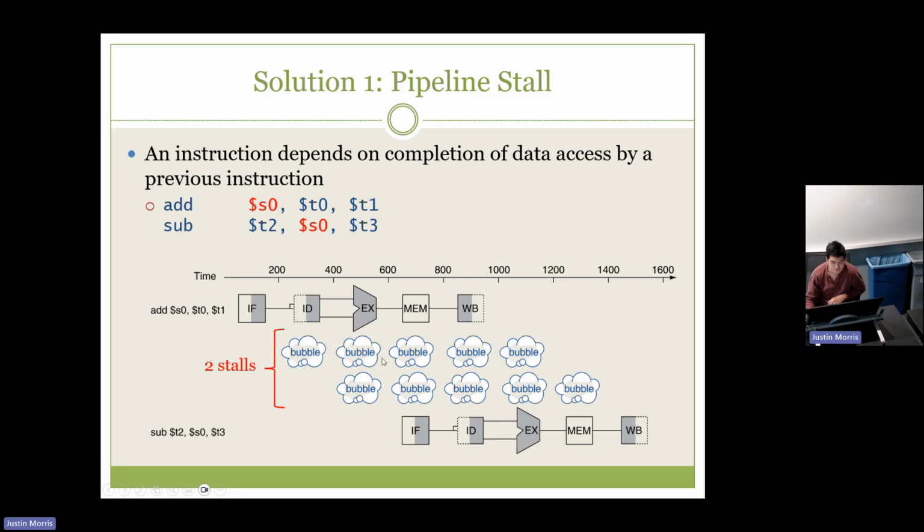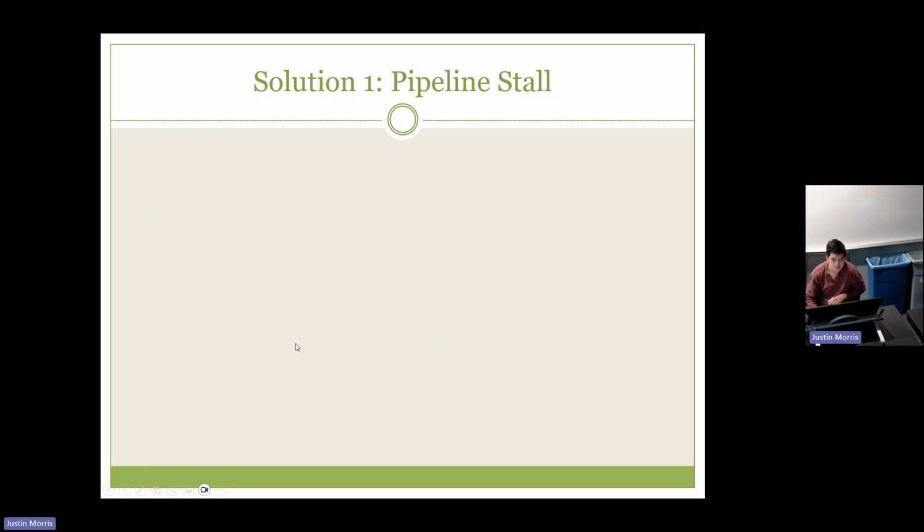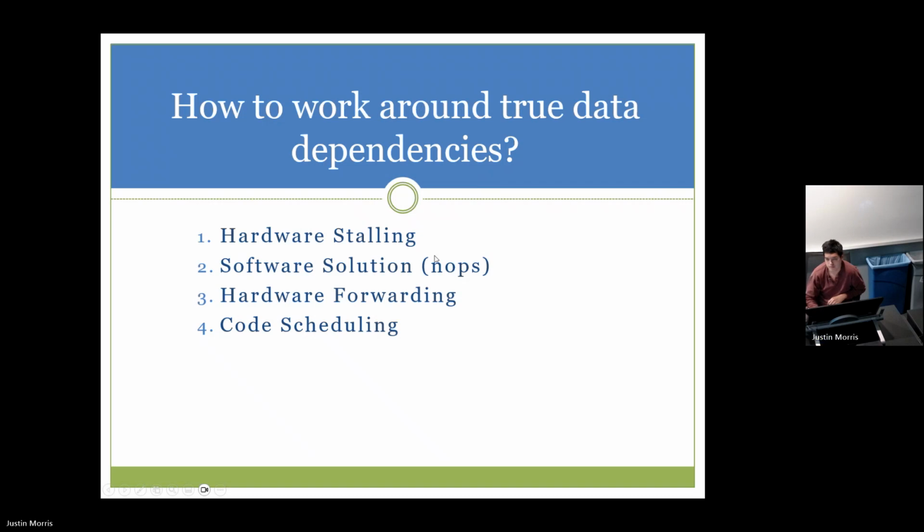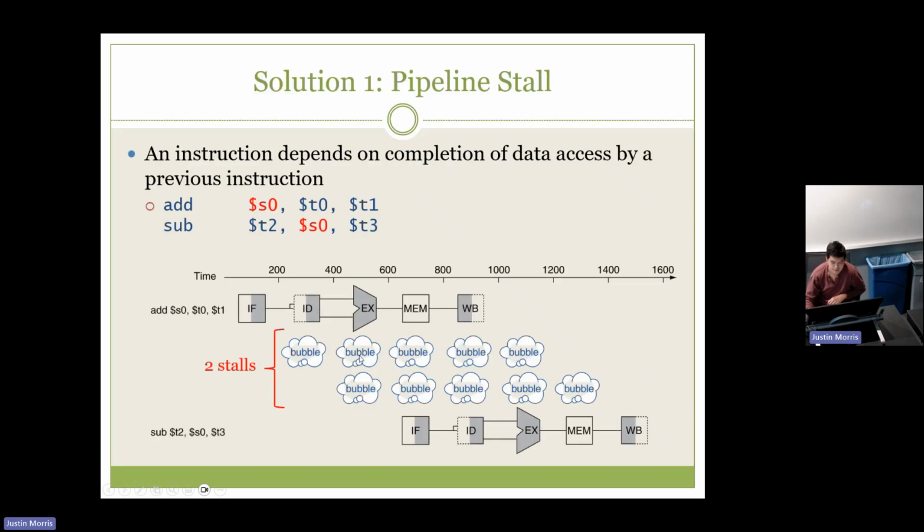This is more indicative of the second solution of inserting no ops, right? Because this would actually be a no op, this would actually be a no op. Then we actually fetch here. If these were no ops, then we would fetch here, right? But they're not no ops. This is the pipeline stall. Is that clear for you guys?